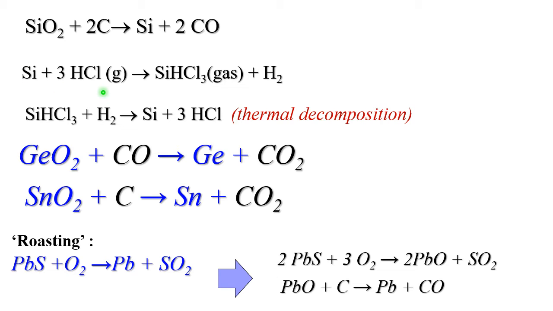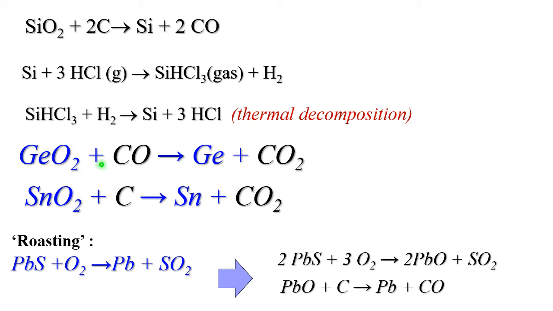It can be treated with gaseous hydrogen chloride to make SiHCl3 gas, which later can be decomposed in the presence of a large amount of hydrogen, making silicon of much higher purity.